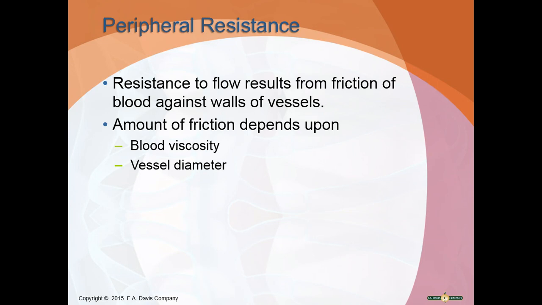Viscosity is typically stable. Therefore, adjusting the diameter of the vessels is the body's chief way of controlling peripheral resistance. So typically in our bodies, the thickness of the blood remains stable. So what the body can do is change the diameter of the vessels to increase or decrease peripheral resistance.